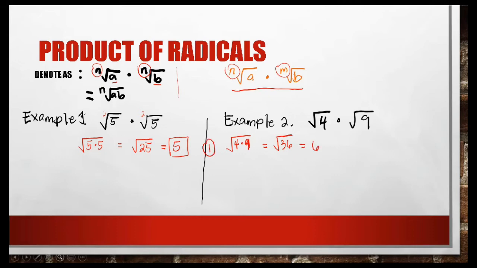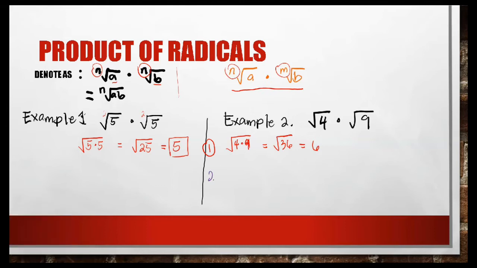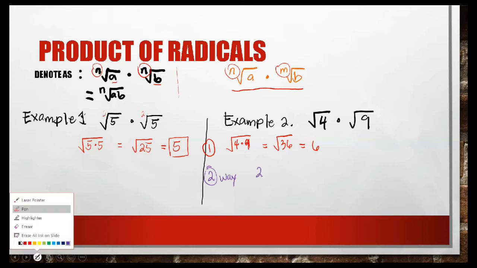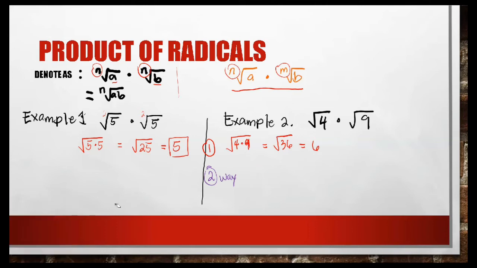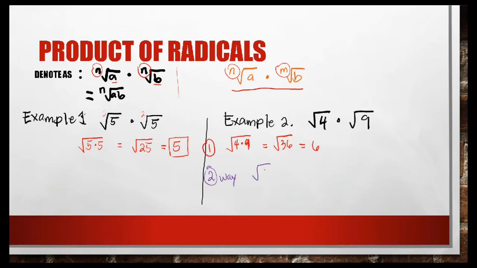The second way is we can simplify each radical sa ating given, if possible, if masisimplify siya. Let's have the given first: the square root of 4 times square root of 9.